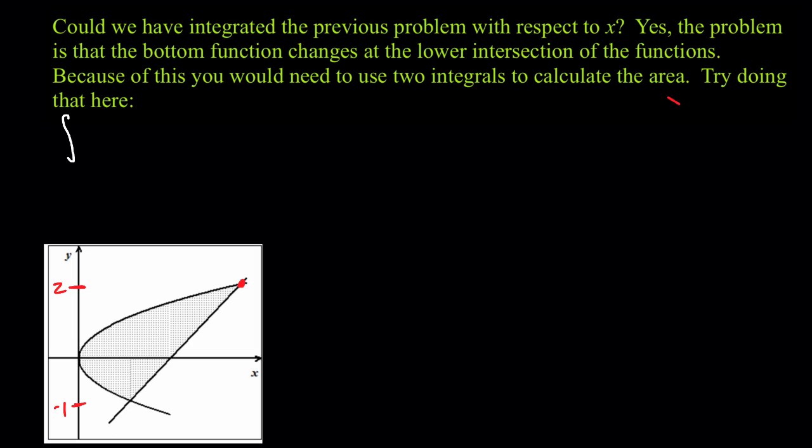Our two equations were x equals y squared and x equals y plus 2. All right, so if I take my y value of 2 and plug it in over here, that's going to give us an x value of 4 for the intersection.